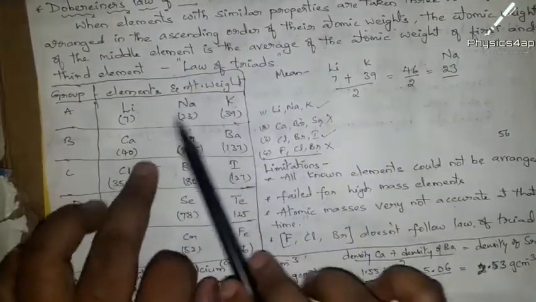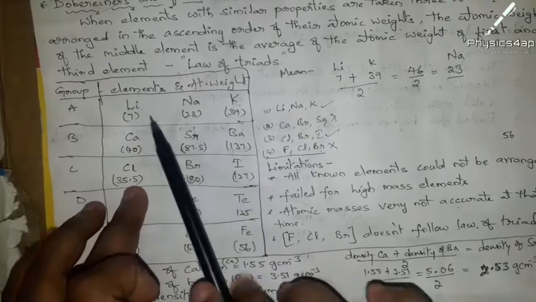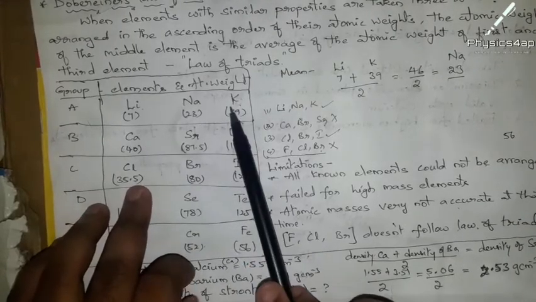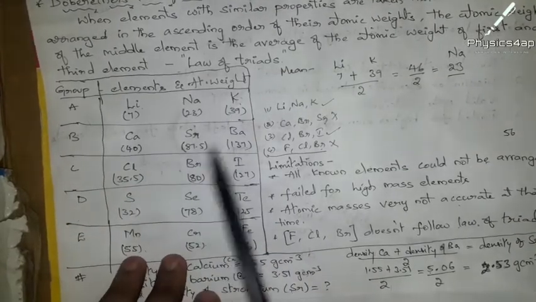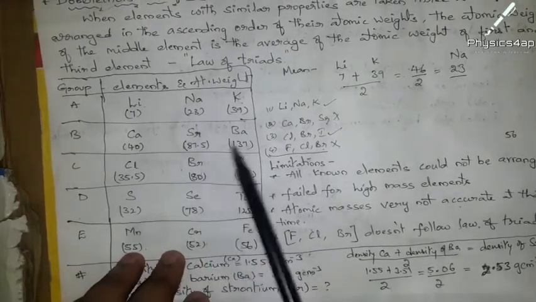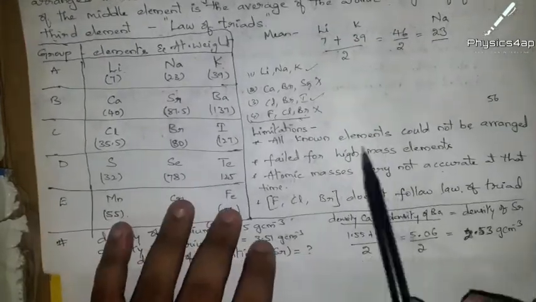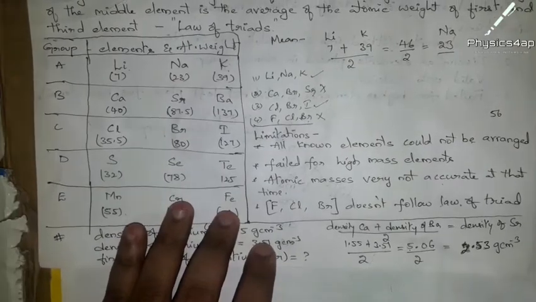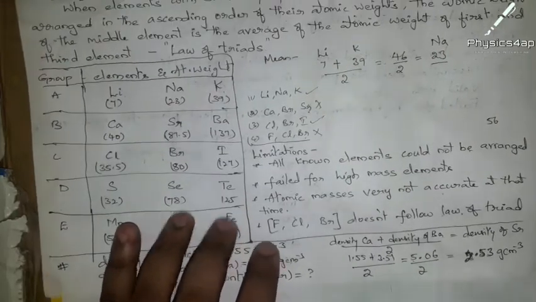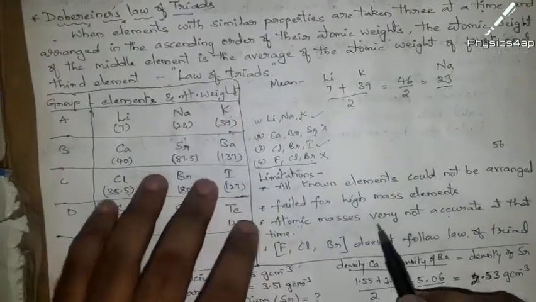Coming to the table, you need to memorize the groups: lithium, sodium, potassium; calcium, strontium, barium; chlorine, bromine, iodine. And coming to the limitations, not all elements were arranged in a proper manner, and it failed for heavier mass atoms.